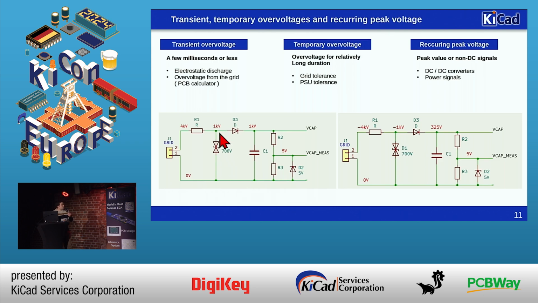Then we know that this resistor here, from this net and this net, we should be able to withstand a transient voltage of 3 kilovolts. This diode, however, there's no issue here. And here, because we have the protection, it's basically 5 volts. There's not much need for insulation for safety, we just need the functional isolation.